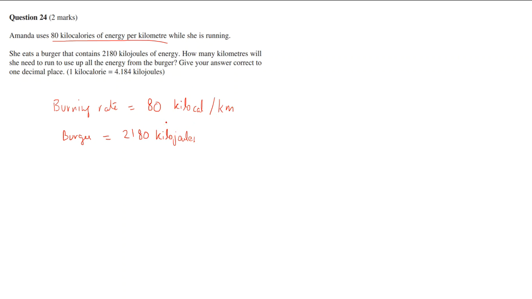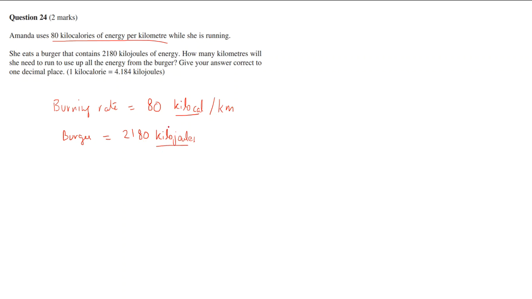To solve this question, you first need to convert either of these at least into the same base. This one is in kilojoules, this one is in kilocalories. To know how many kilometers you need to run, we need to convert this first into how many kilocalories she has taken.